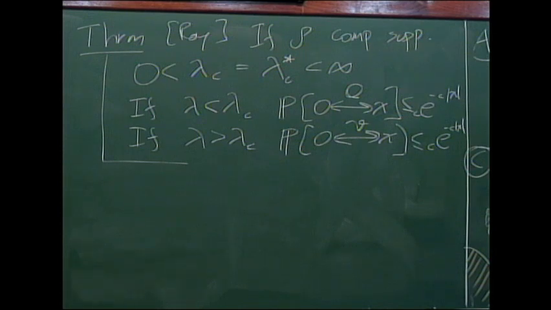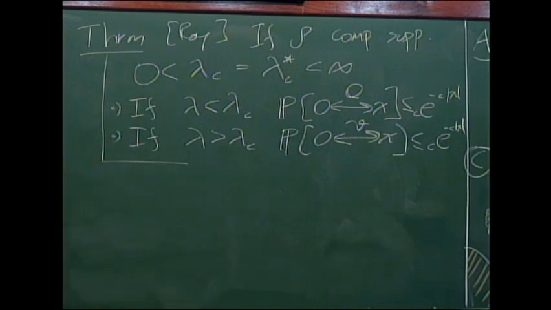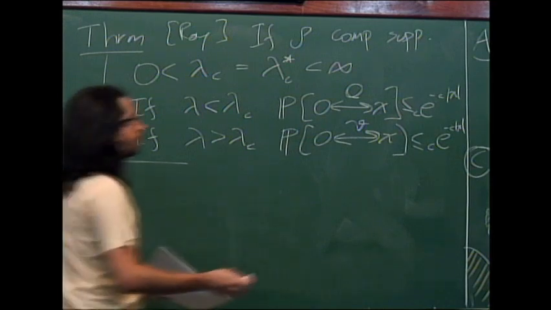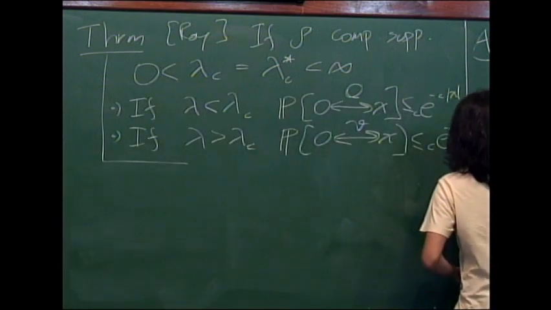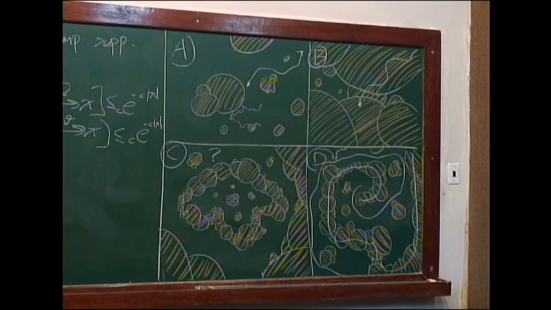So why are these two facts important? These quantitative bounds actually help prove other results about the model. We are asking some very trivial questions about being connected to infinity here. But if you have these quantitative bounds, you can try to understand more detailed aspects of the problem. For example, how a Brownian motion behaves here if it bounces on the balls. You drop it in the infinite cluster.